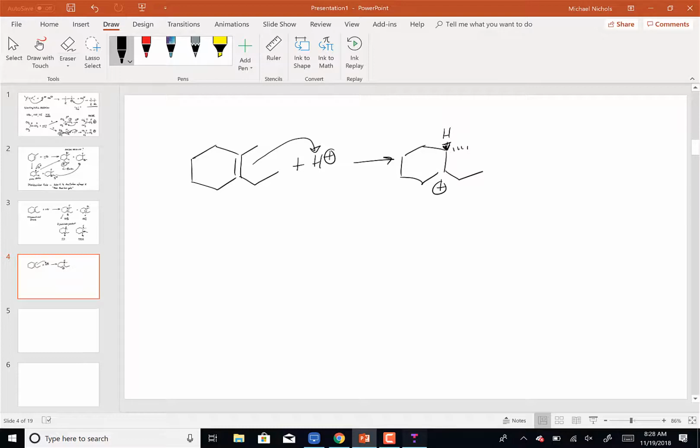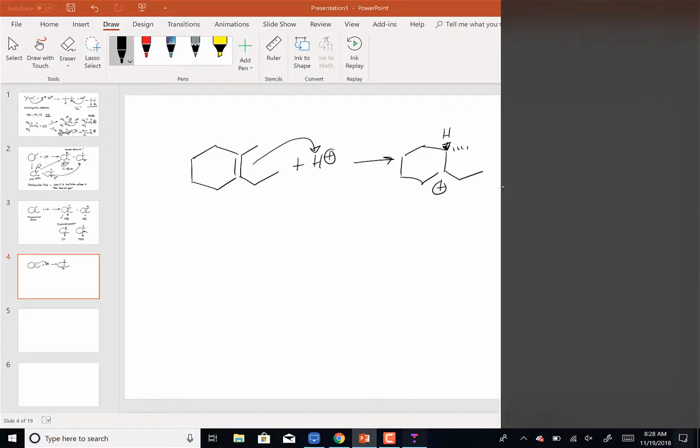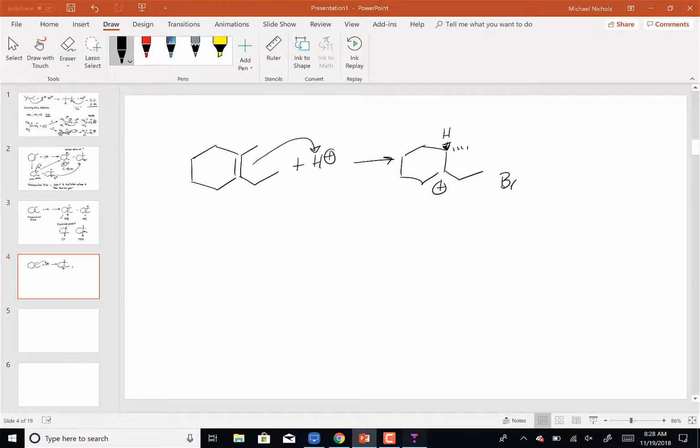All right, here's the next hint. My Br minus comes in and adds. How's it going to add? Top, bottom, both?